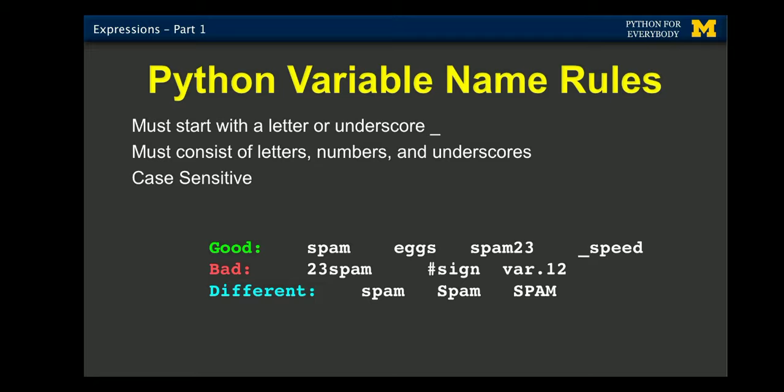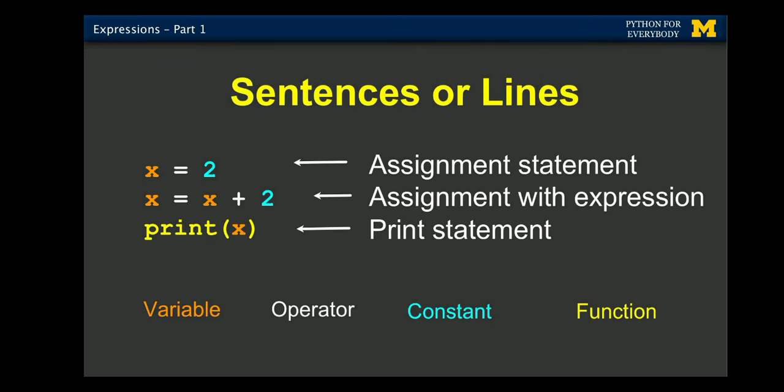Sentences or lines. X equals 2 is an assignment statement. X equals x plus 2 is an assignment with an expression, and this is the print statement. So there is a variable, operator, constant, and a function, where x is a variable in this part, the operator is the plus operator, the constant is 2, and the function is the print function here.